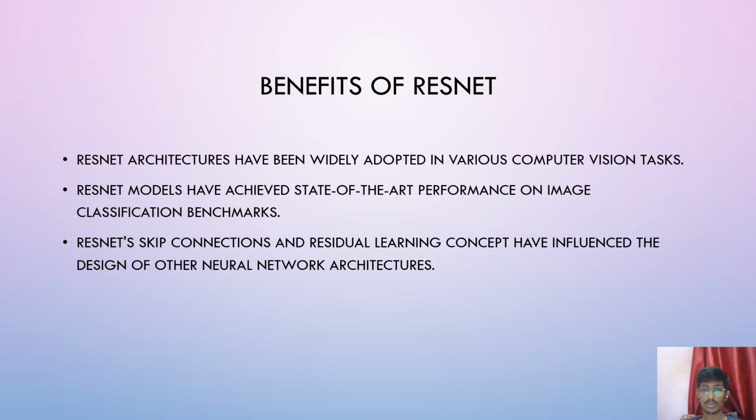This is a much more complex task for other kinds of neural networks. It has achieved the state of the art especially in image classification because of the very deep neural network. ResNet's skip connection and residual concept have influenced the design of other neural network architectures. This gave a start to other architectures, which we will discuss in further videos.